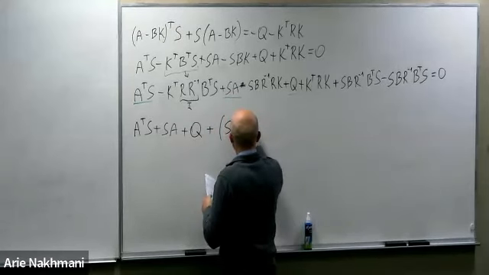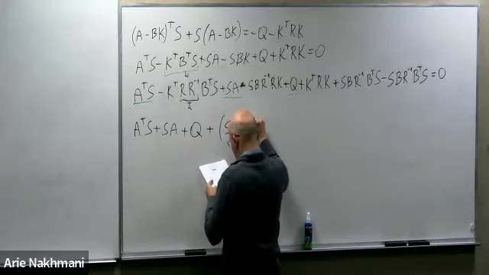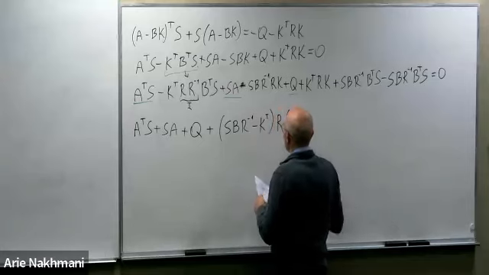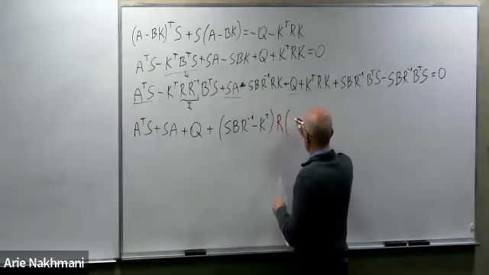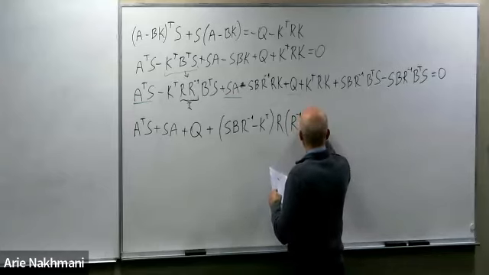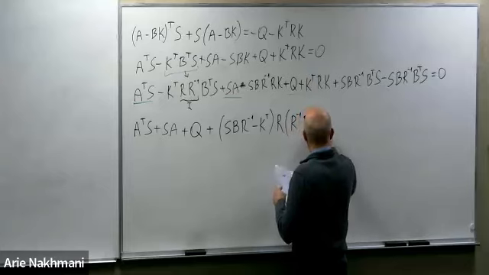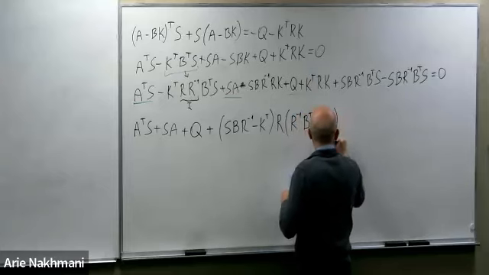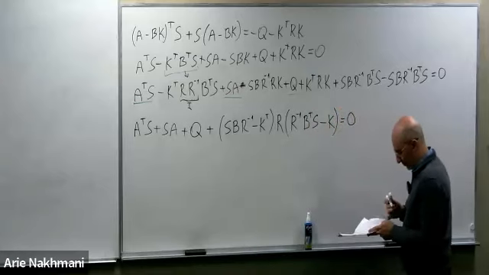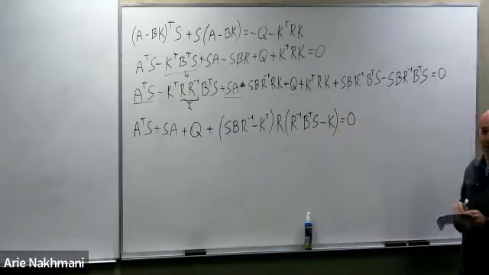S B R inverse minus K transpose times R times the same thing without transpose. What I wanted to get.